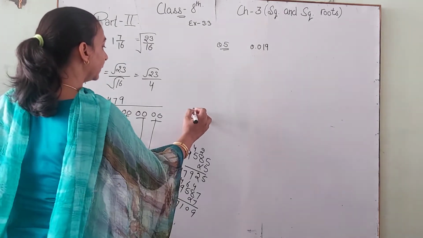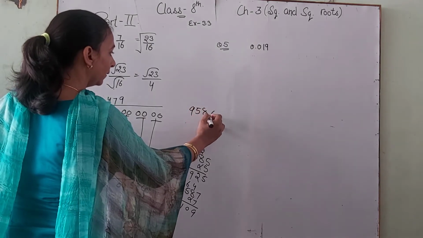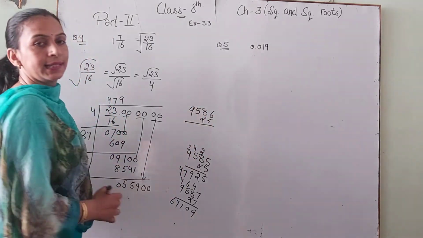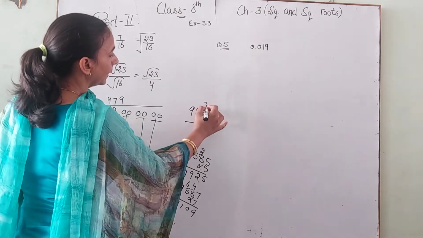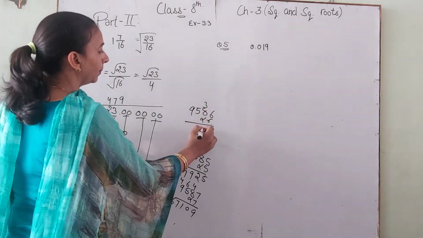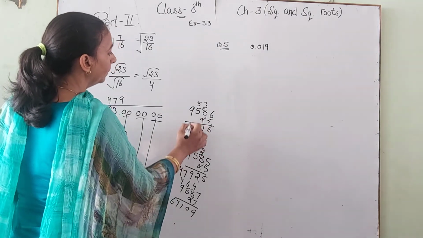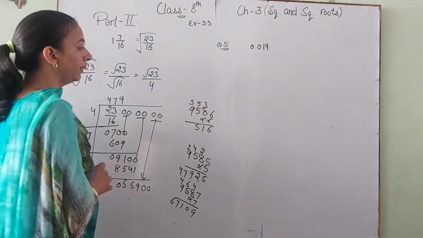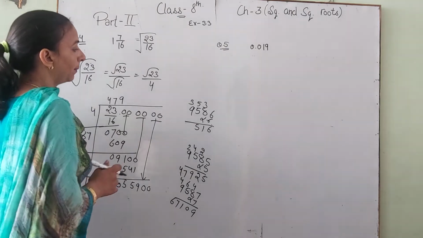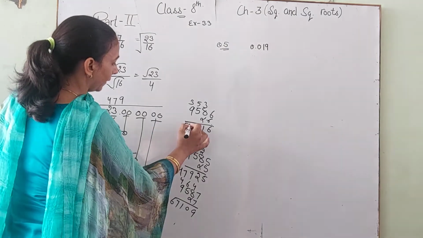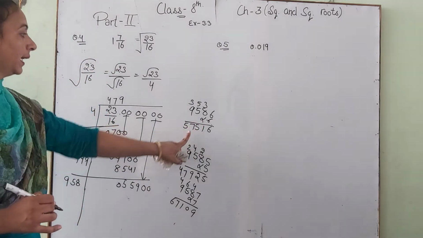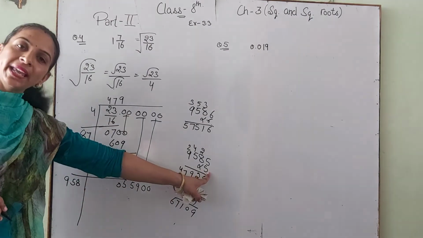Next we check 9, 5, 8 with 6: 6 sixes are 36, 8, 6 eights are 48, 51, then 5, 6, 5 sixes are 30, 35, then 3, 9, 6 nines are 54 and 57. This is greater, so we take 5.